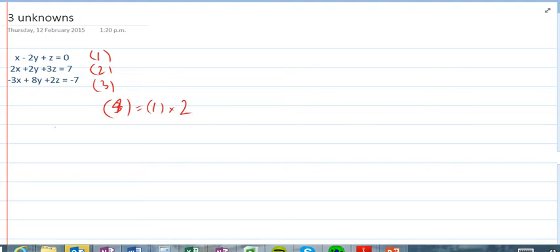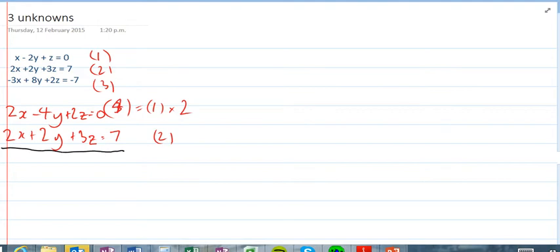So everything in there. And so I'm going to get 2x minus 4y plus 2z equals 0. And now if I line that up with the other one, 2x plus 2y plus 3z equals 7, which was equation 2. God, that's a bit ugly. Then I'm going to be able to eliminate the x's now.